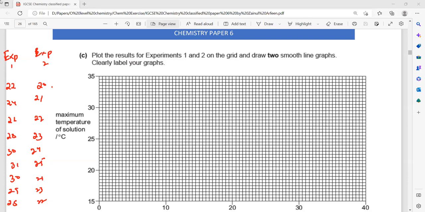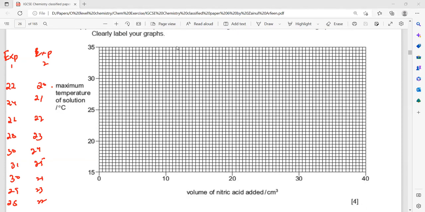So use the grid, you have to mark the points. First, I will mark for experiment 1. It is 0, and the values in between are not there. Two boxes, 1, 2, 3, so this will be 5.